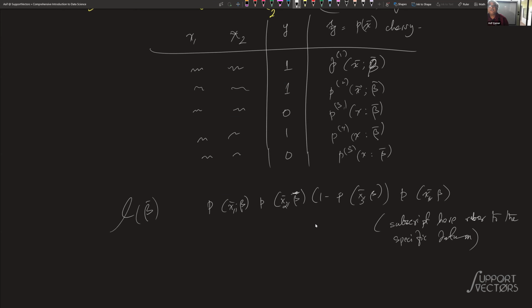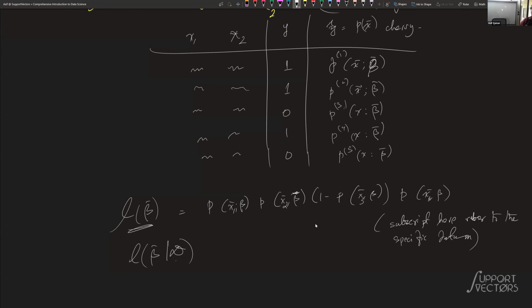So given the data, assuming that the data is ground truth, the only knob that you have to turn is the betas, isn't it? Good. And that's why you often see it referred to as the likelihood of beta, or also the likelihood of beta given the data.